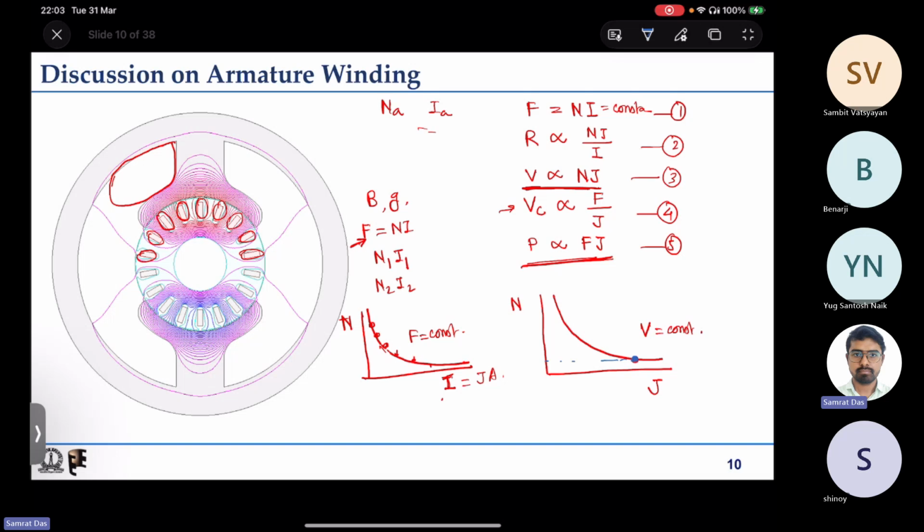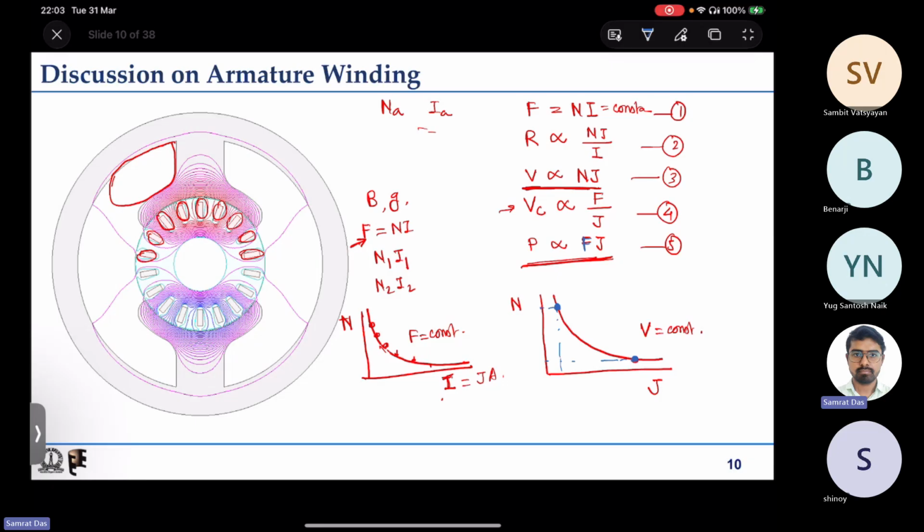But if we choose this point, a very low current density but a very high number of turns, then it seems to be a beneficial point, because the mmf that we want to realize, F, is constant, so P is proportional to current density. So if we have lower current density, our losses will be quite low.